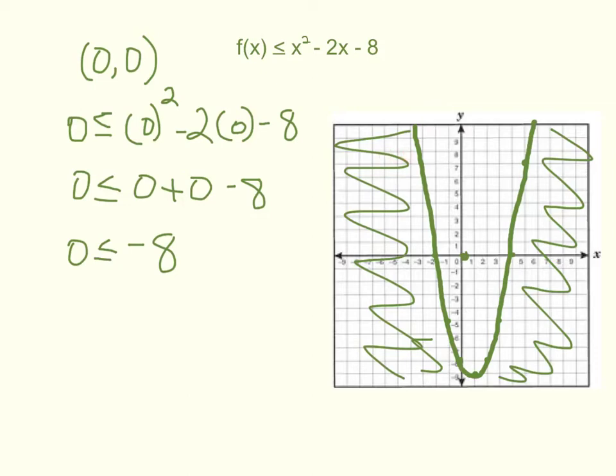Now, we know that any solutions, any ordered pairs or points that fall in this shaded region are solutions, okay? But we can't show all of these solutions as interval notation. So what we do is we just show the x values of all of the solutions. Now we can show that in interval notation. So let's go ahead and do that now.